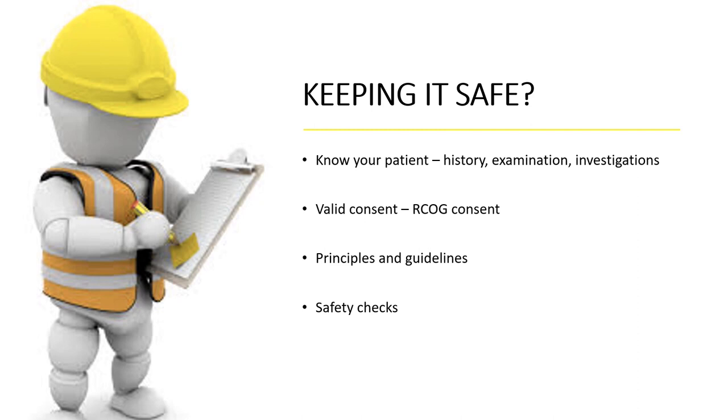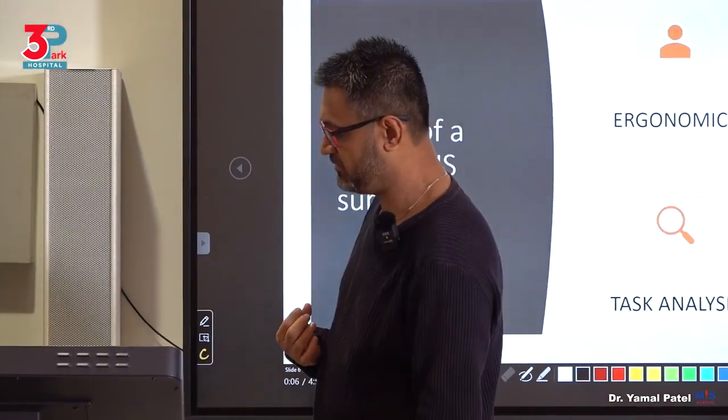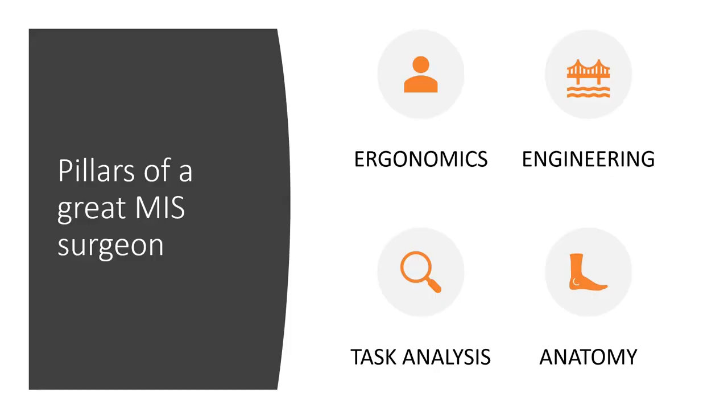There is an example of a Royal College consent for hysteroscopy, which could be used, or on those lines. We use principles and guidelines of hysteroscopy, and we should have safety checks. We've discussed this slide before, that for us to become a great MIS surgeon, we need to understand ergonomics, which I've taken you through.